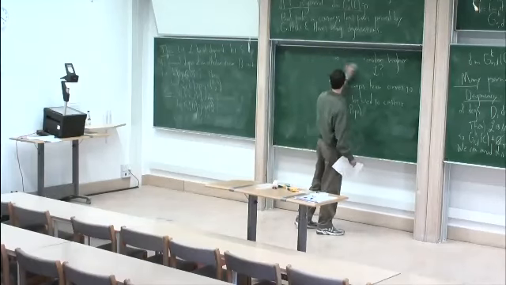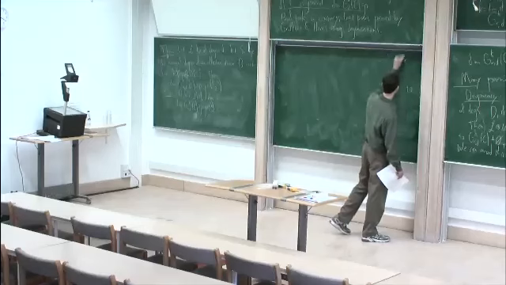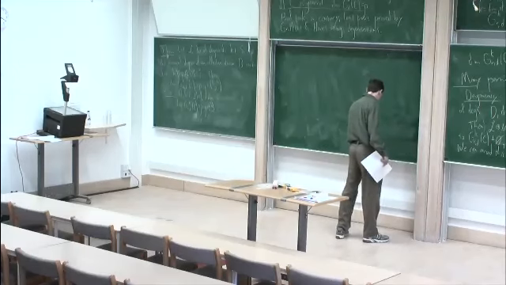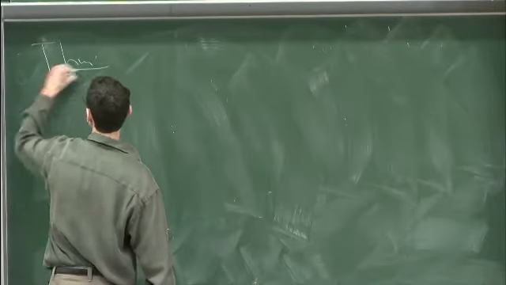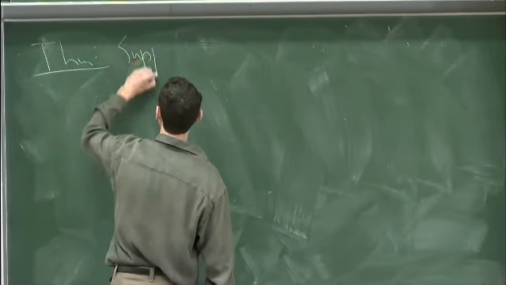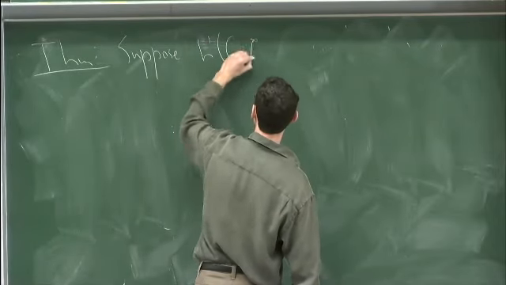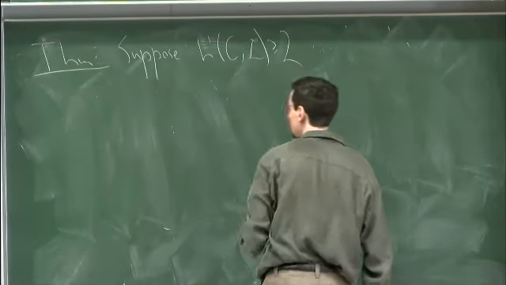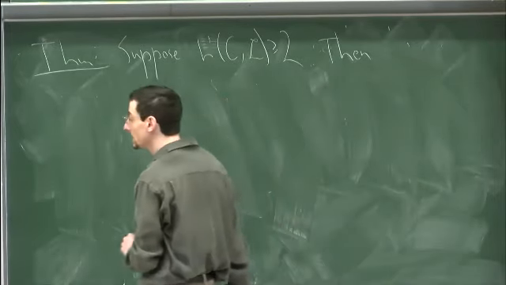And the first result in that direction is the following theorem. So now let's suppose that h1 of L is at least 2. Then we get another modified expected dimension.